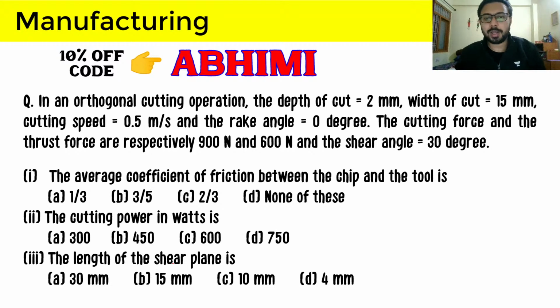You don't have to rely on the Merchant circle and think that you will derive that formula during your GATE examination, because first of all it will take a lot of time, and it is not beneficial for your GATE exam to derive this formula while the exam is going on. So you should just know this formula that I am discussing right here.